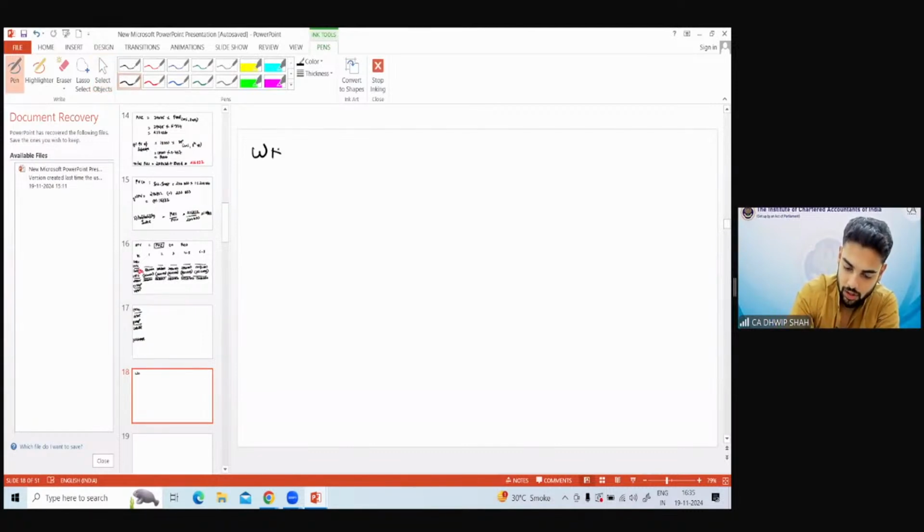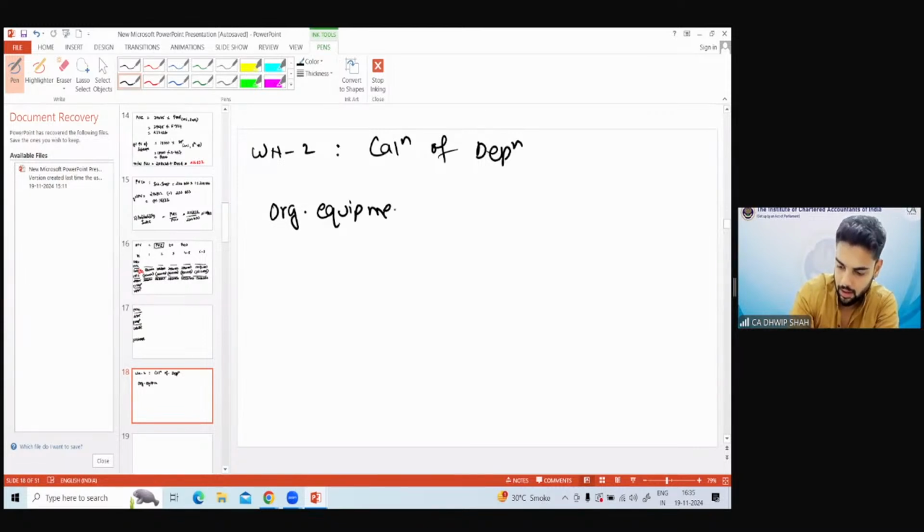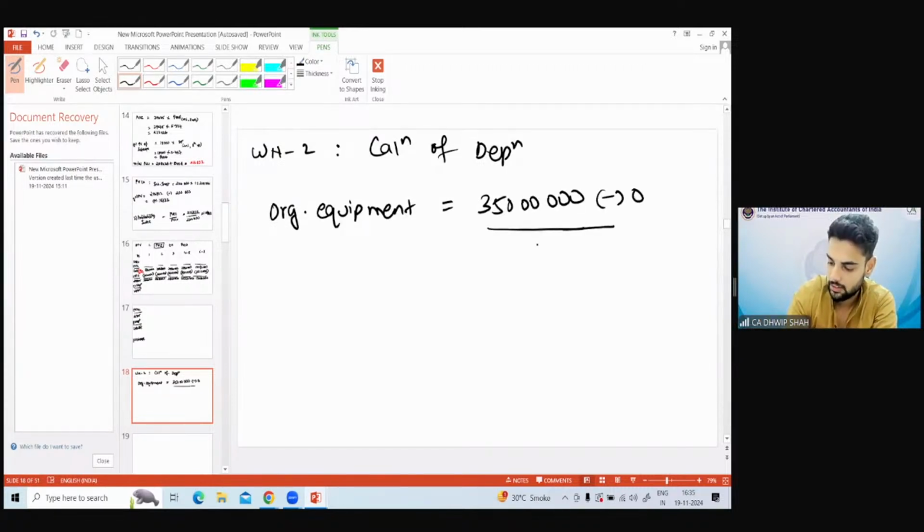So working note 2 will be on calculation of depreciation on the original equipment, which is of 3.5 crore. And this original equipment does not have any scrap value. It is mentioned in the question. So depreciation of the original equipment would be 43 lakh 75,000 per year.